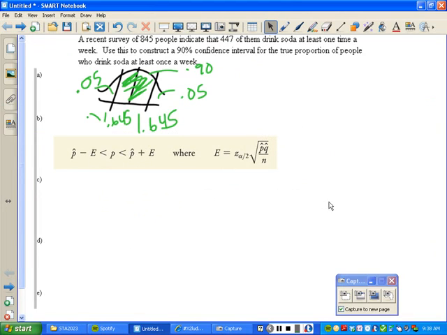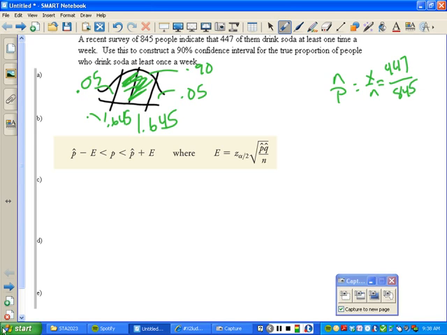Okay. Now, part C. Part C is where you're going to do the work. So let's figure out what p hat is. So p hat is equal to x over n. So in our case, it's 447 divided by 845, right? So now what is that?